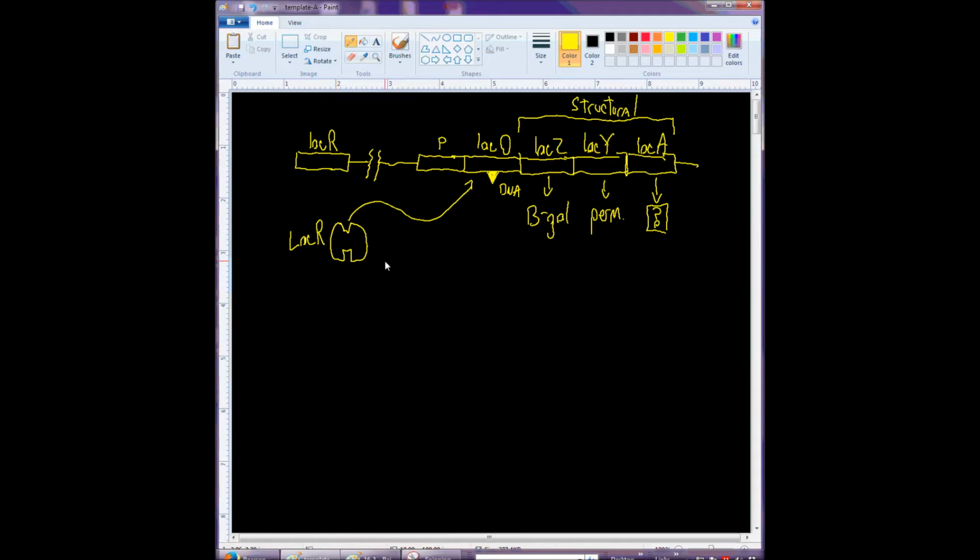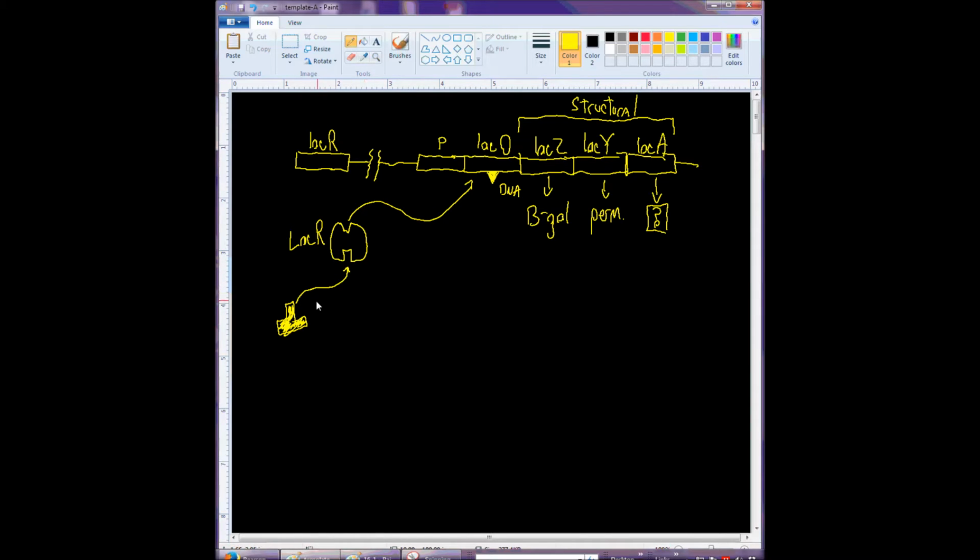So the LAC-R protein, the repressor, can bind the operator when lactose is not present. So here's our lactose, and you can see it kind of fits right in here. The way we've diagrammed it, it can fit right in here, and that's conceptually how it works.